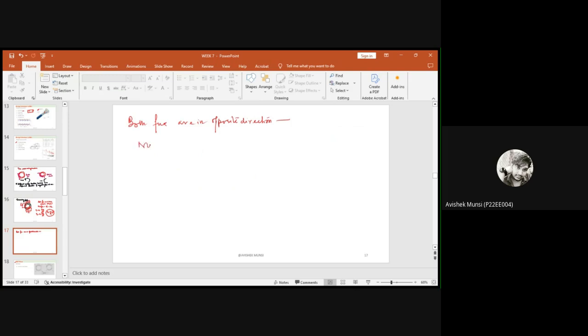Then the net flux is phi 1 minus phi 2. In this case, if phi 1 equals phi 2, let's say phi, our V2 will be minus N2 by N1 times V1.